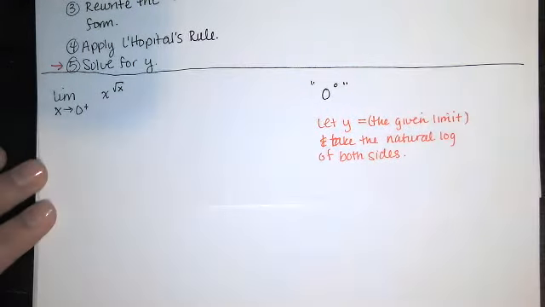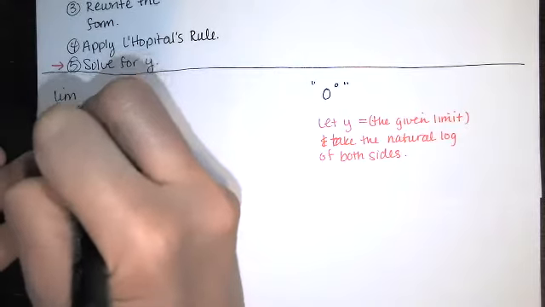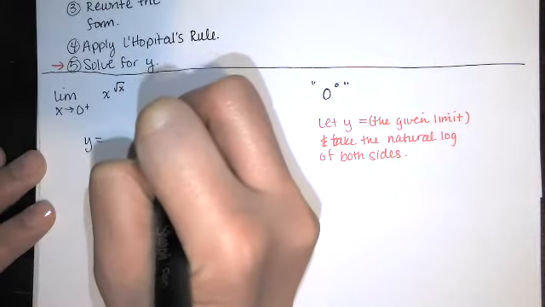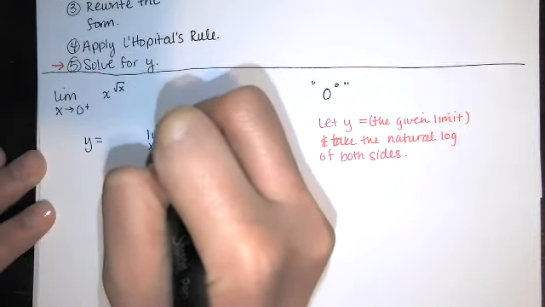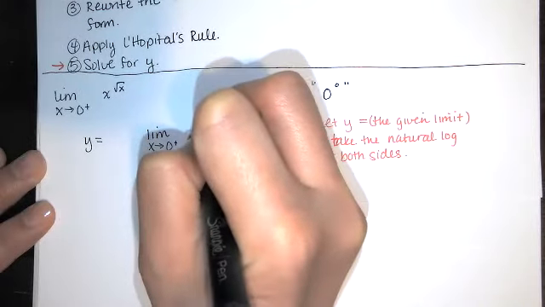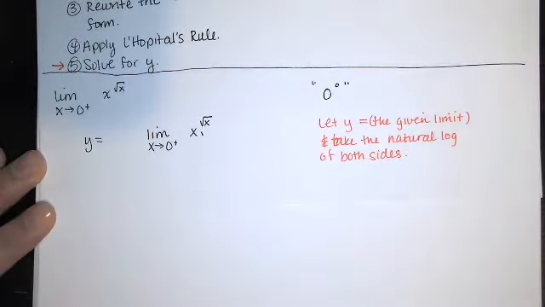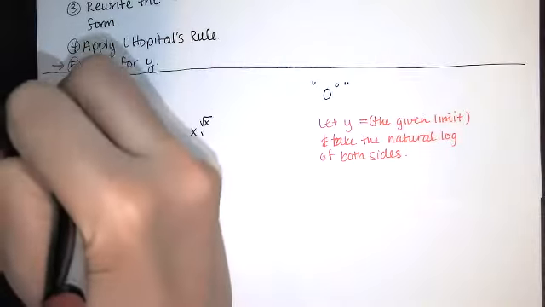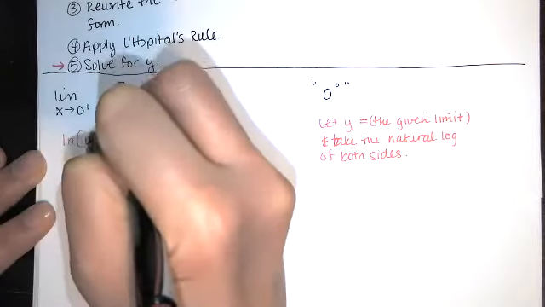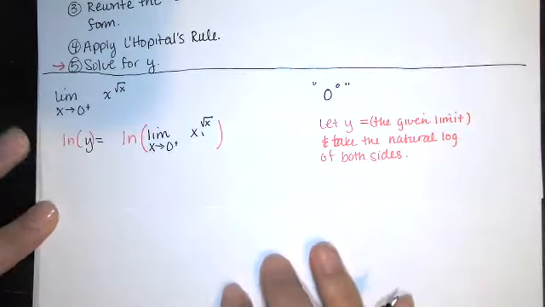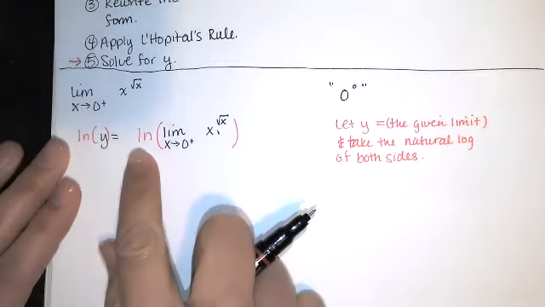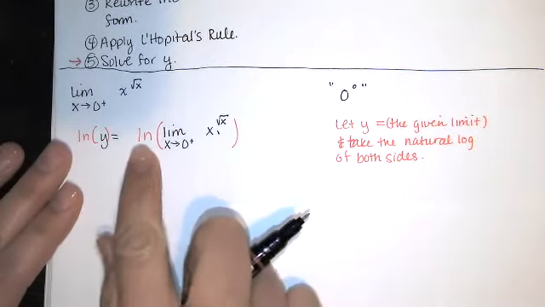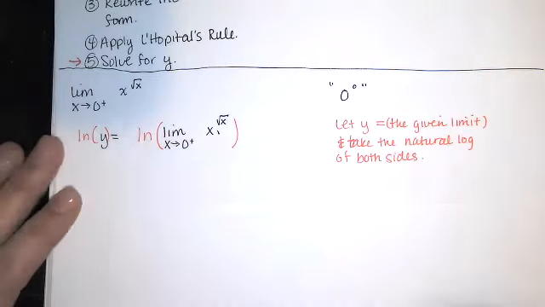Okay, so we said, let's let y equal this. And then we'll take the log of this side and set that equal to the log of this side. Now the logarithmic function is a continuous function, so you can actually pull that limit out.